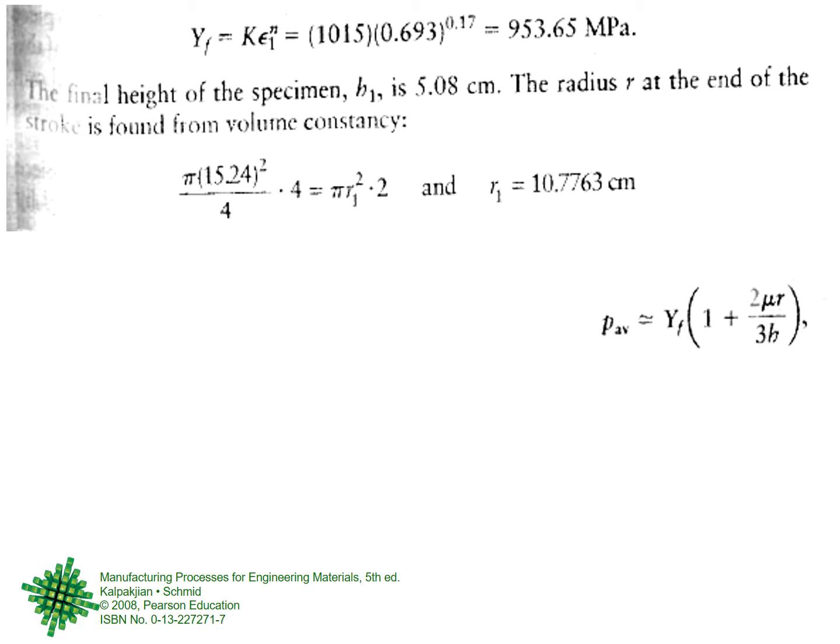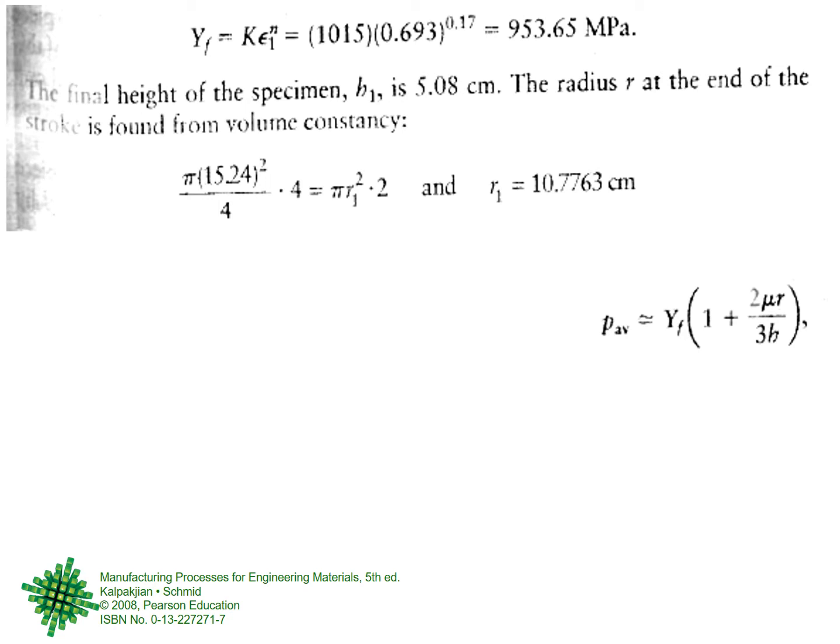So original dia is known. So original volume is pi r squared original into original height, isn't it? Similarly, final is pi r squared, but this r is the last r, r1, and h1 is known. So pi r0 squared h0 is equal to pi r1 squared h1.